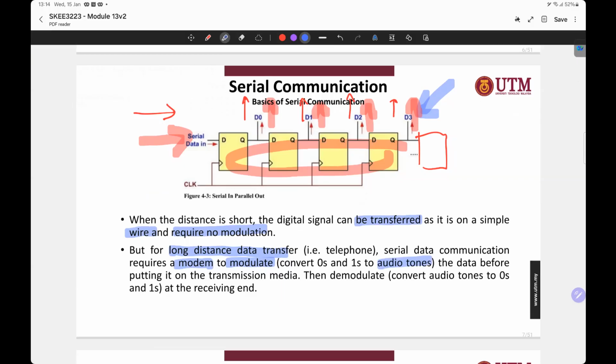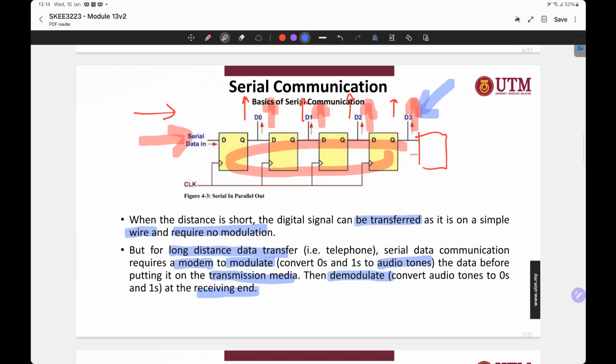In order to make sure the data is not lost, you need to use audio tones before putting the data on the transmission media. So from digital, convert to audio tones. Then on the receiving part, you need to demodulate: convert back from the audio tones to the digital signal at the receiving end.